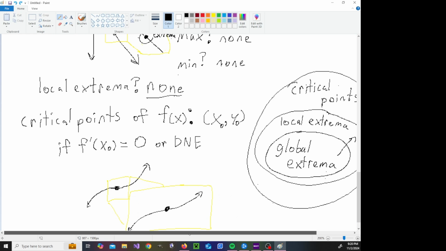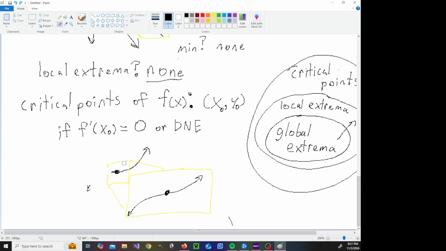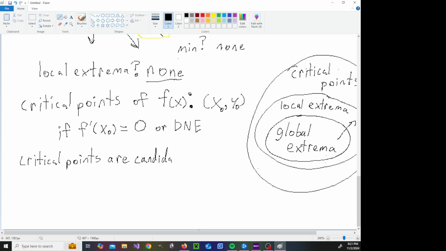I'll say this, I always like to write this piece down, that critical points are candidates for local extrema, which are candidates for global extrema.